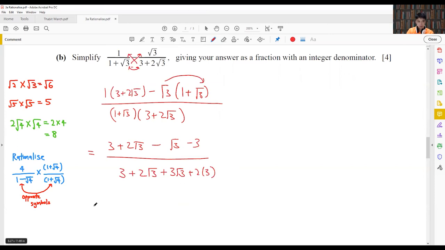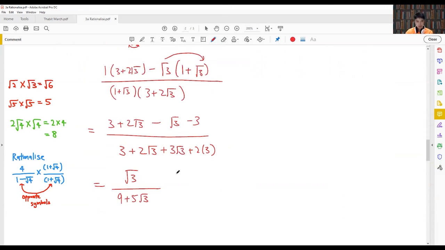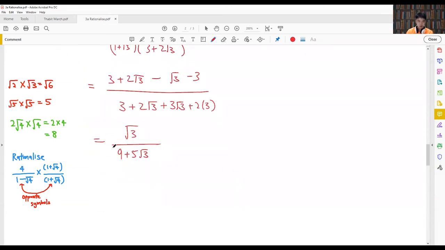From here, we would be able to simplify the top. You're only left with √3, and at the bottom, you have 6 plus 3, 9 plus 5√3. Okay, then from here, rationalize the denominator.